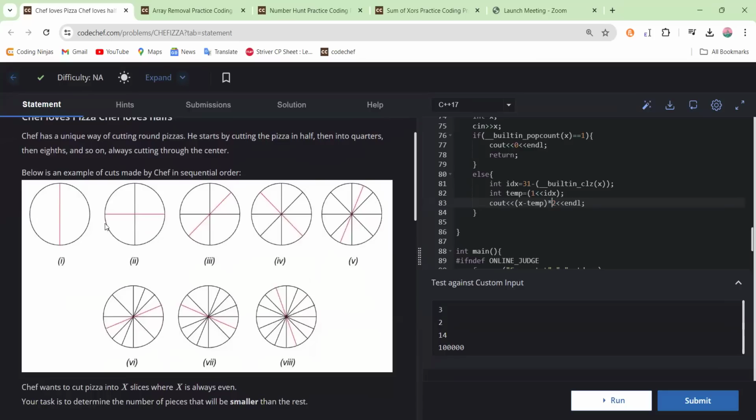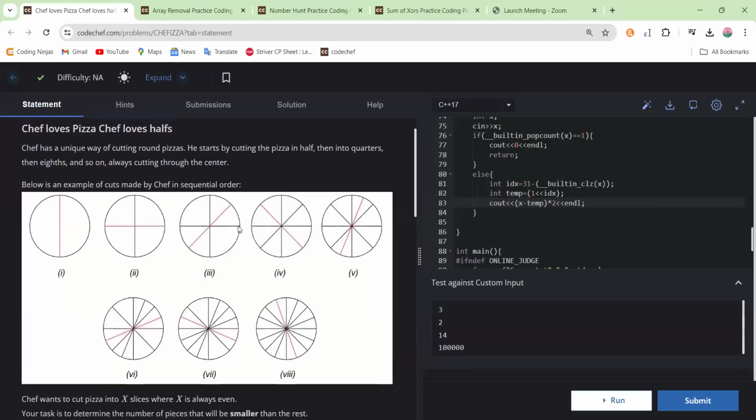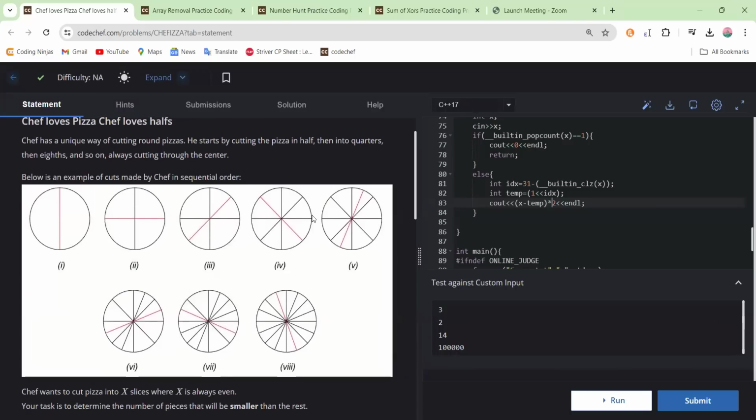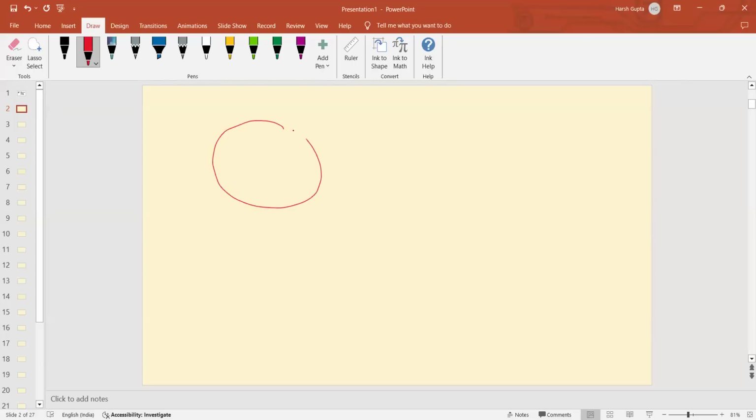As you can see, when it was an entire circle, he simply cut it into halves. Then he cut it into quarters, then into eighths, then into tenths, and so on. One thing you will observe is, let's suppose we have this circle for now, and these 4 are equal parts.